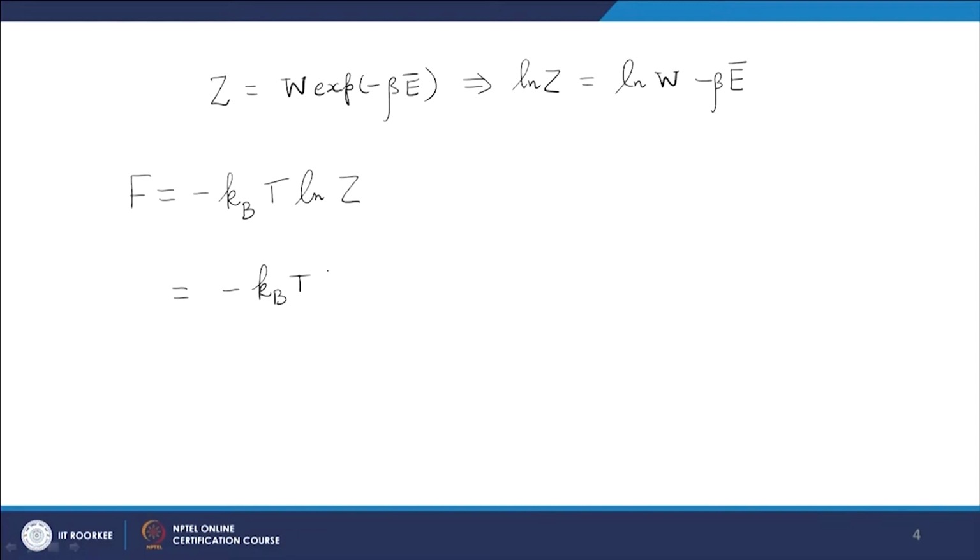So, we have minus kBT ln of W plus E bar, because beta is anyway equal to 1 by kBT.